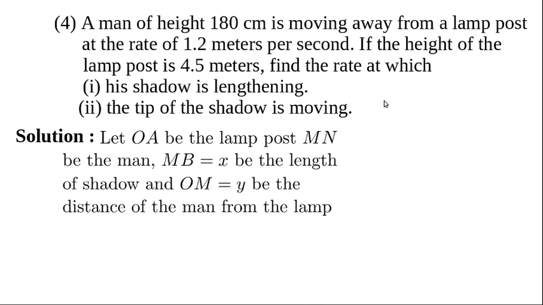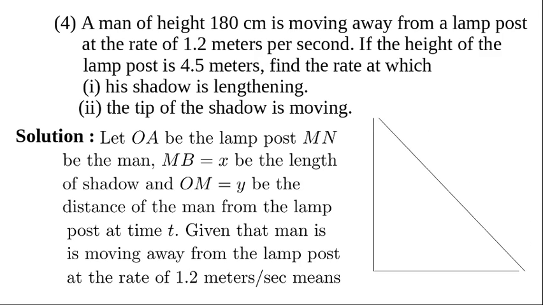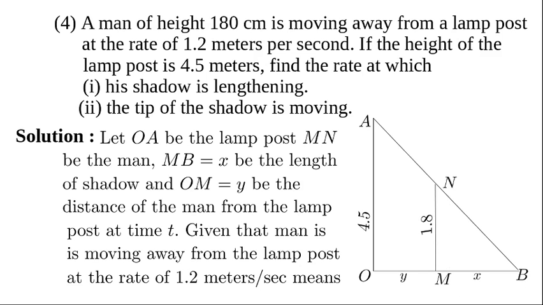So let OA be the lamppost, MN be the man, MB be the length of the shadow, and OM equal to Y be the distance of the man from the lamppost. Given that the man is moving away from the lamppost at the rate of 1.2 meters per second, means the rate of displacement of the man from the lamppost is 1.2 meters per second.